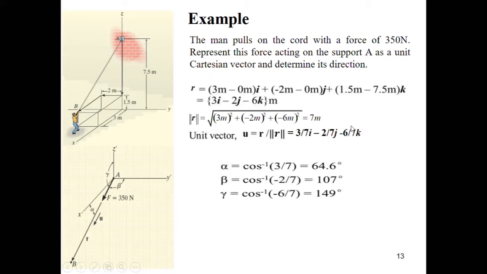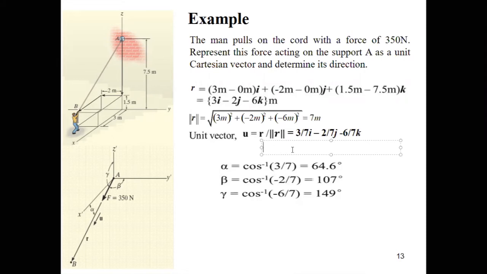And now from this unit vector, we know one thing: the direction cosines. Let me write here. Direction cosines: from there we can write cos alpha.